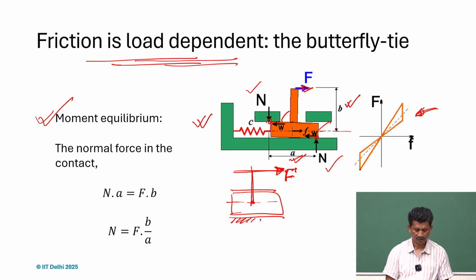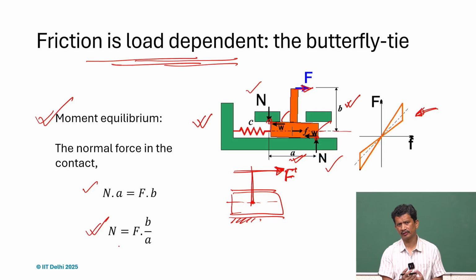If we find N, then N times A equals F times B, and therefore the normal reaction force at the two points will be F times B by A. So it's a function of B and A. If B is large, N will also be large.